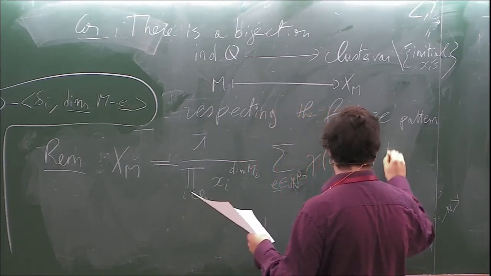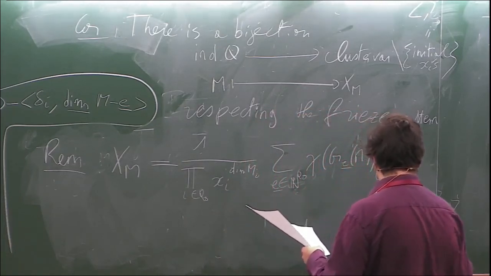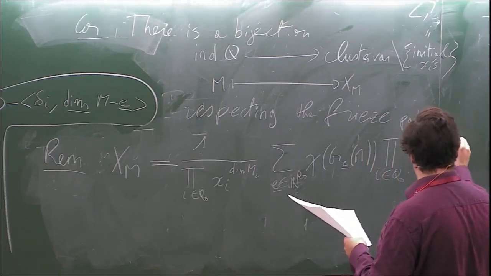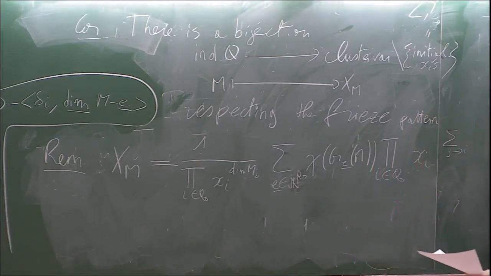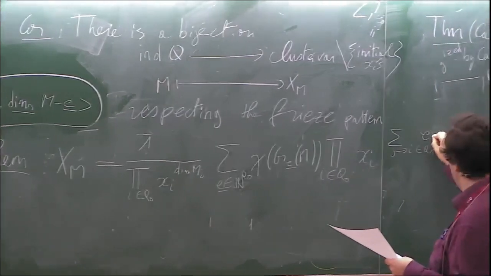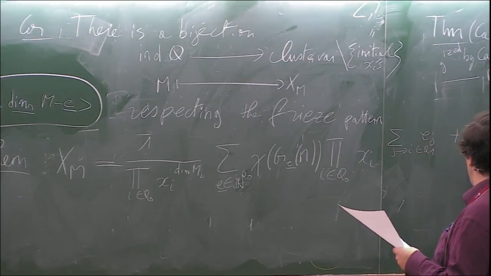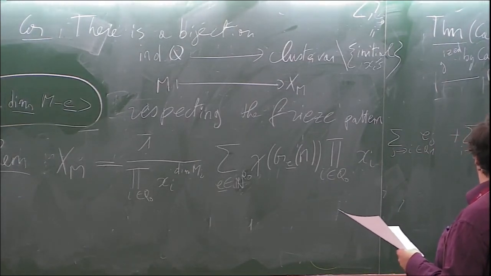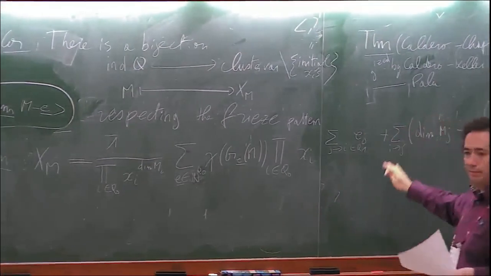You have the same monomial times the product for i in Q0. And here I will copy because I don't want to make a mistake. I don't have time for that, but the sum for j, the arrows j to i in Q1, of ej, plus the sum for i to j still in Q1 of dimension mj minus ej. Okay, this is not difficult.